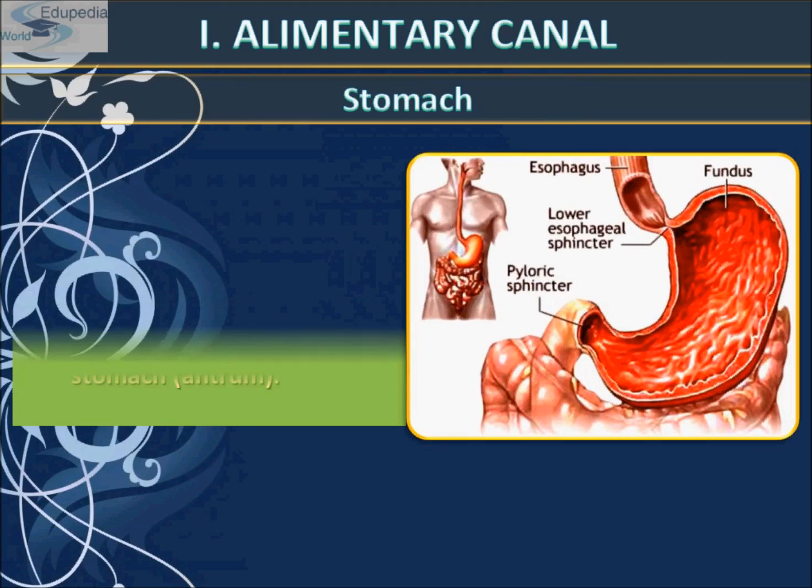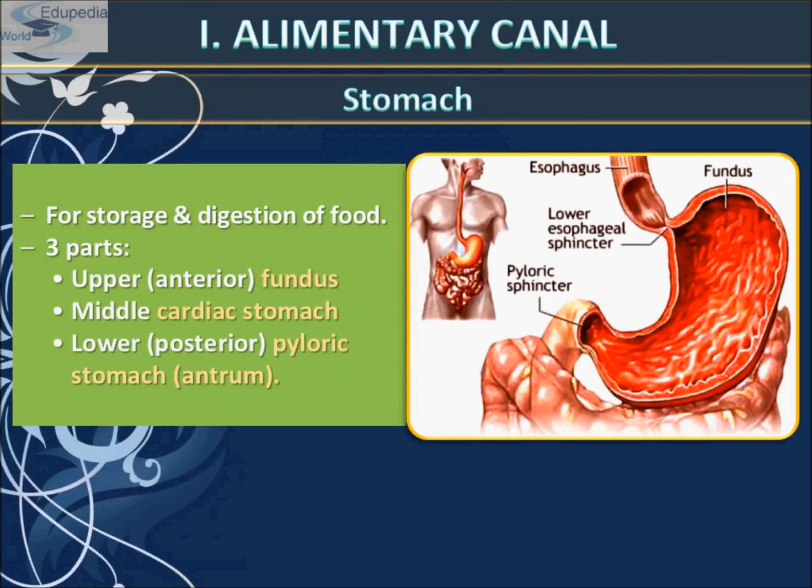Now come to the stomach. As I have just told you, it is a C-shaped pouch that receives the food bolus from the esophagus. It aids both in mechanical and chemical digestion, and it also acts like a churn.